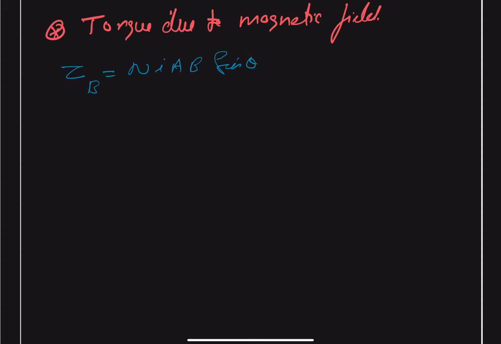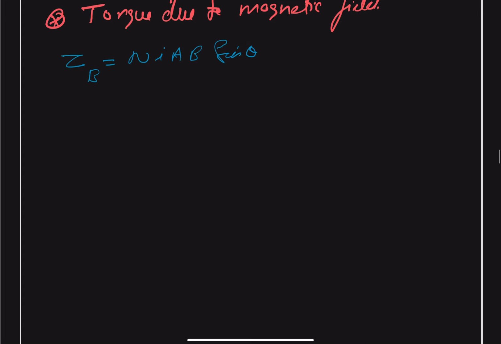And for maximum torque, theta is 90 degrees, so we can say torque maximum will be our NIAB.